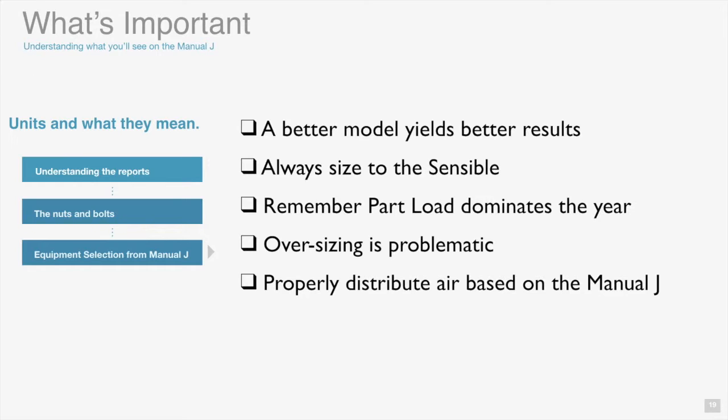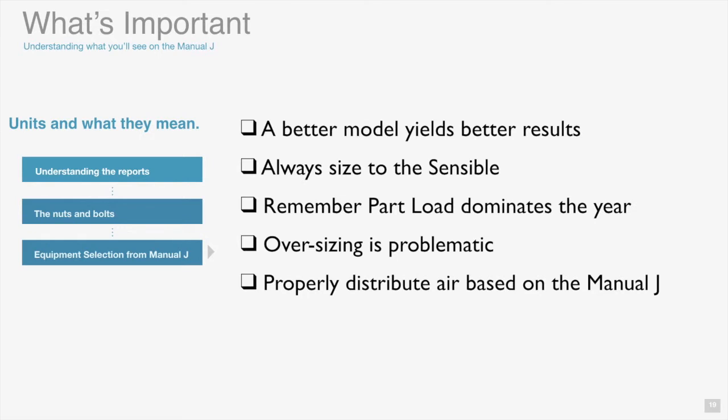The better information that you can get to your designer, the more accurate your Manual J is going to end up getting. He's going to need information about your window values, your overhangs, the orientation, how you're planning on insulating the different building assemblies of your house, how tight you expect the house to be. So each one of those is going to have a significant impact on the outcome of your Manual J.